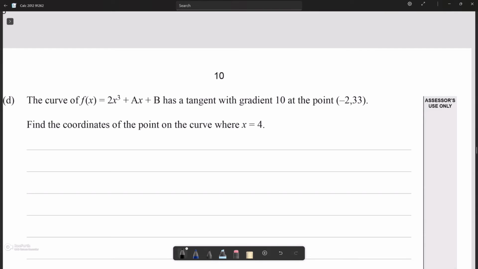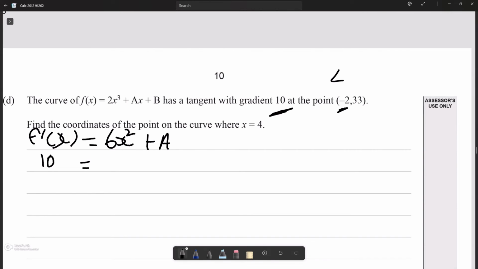Okay, curve f of x equals 2x cubed plus ax plus b. So f dash of x will be equal to 6x squared plus a, and then it has a gradient of 10.